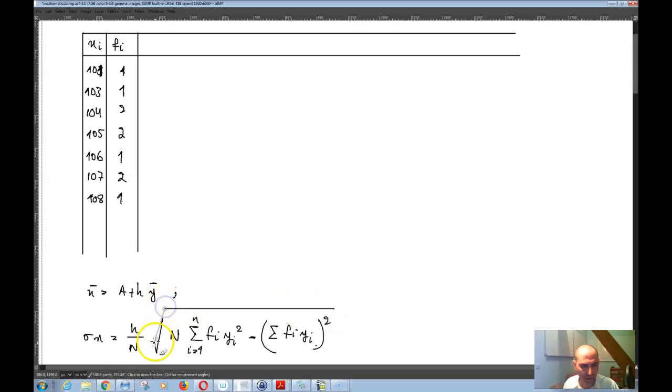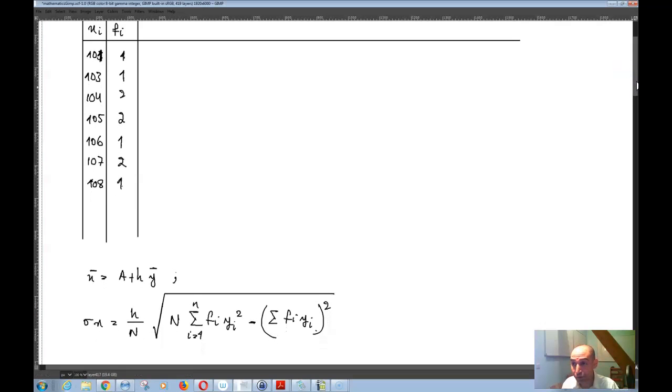Take the square root of that, that would be sigma of x. Divide that by x bar and multiply by 100. You will get your coefficient of variation.